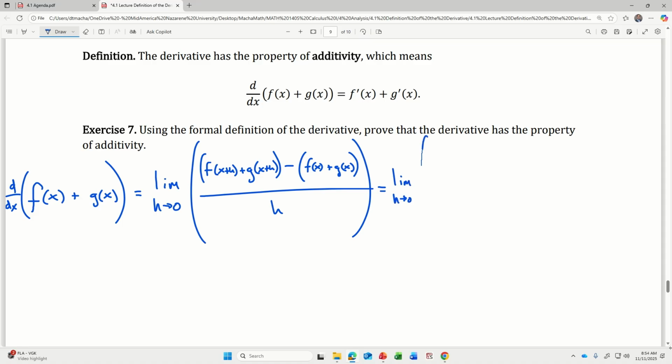With a little bit of care, you might see that this is the same thing as f of x plus h minus f of x plus g of x plus h minus g of x, divided by h.